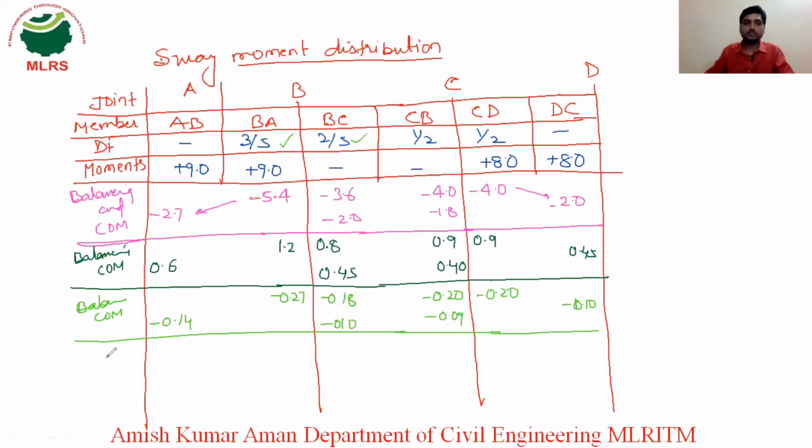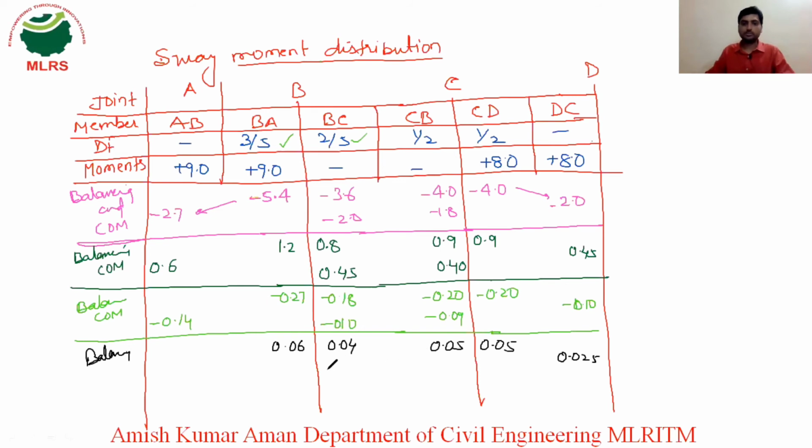Again, balancing. So this minus 0.10 will be distributed into 0.06. Here it will be 0.04. Here it will be 0.05 and again here 0.05. Now you just add it. Half of this will be here, so it will be 0.025.